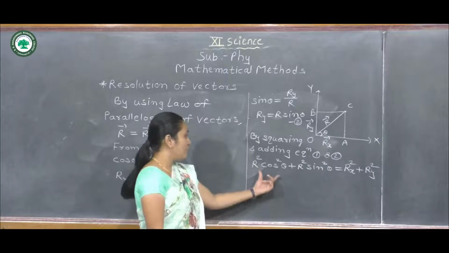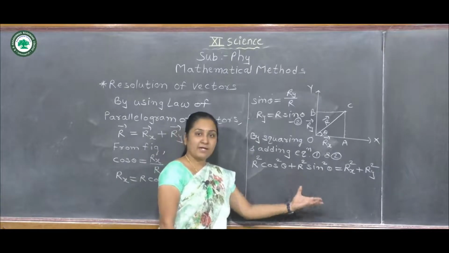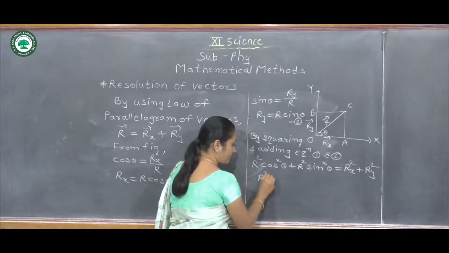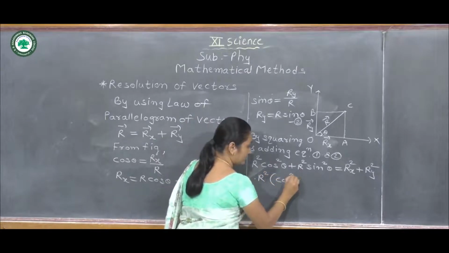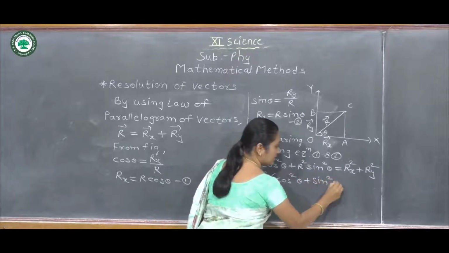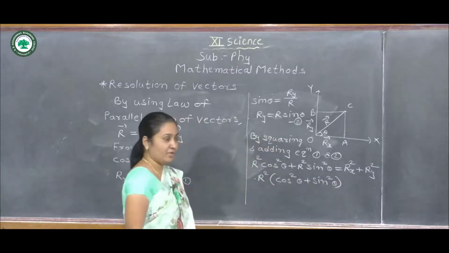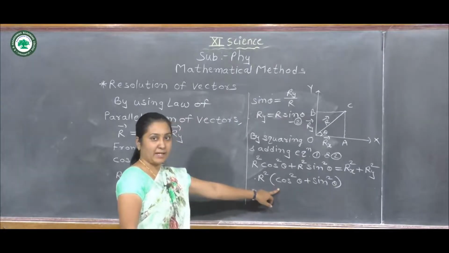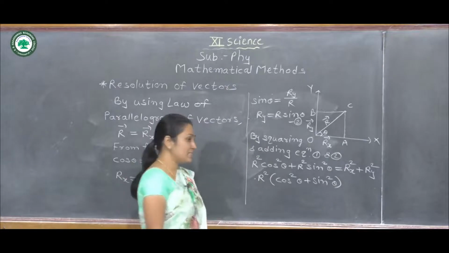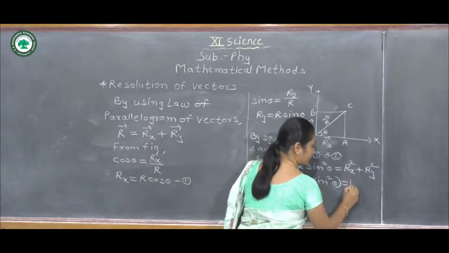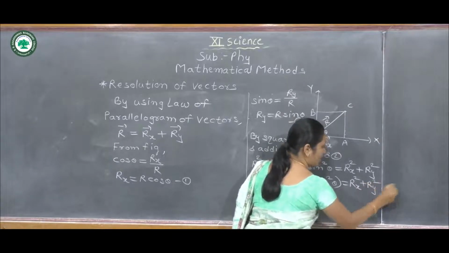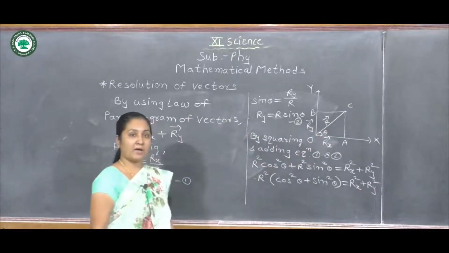Now we can take r square as common in bracket: cos square theta plus sin square theta. So r square in bracket cos square theta plus sin square theta is equal to rx square plus ry square.